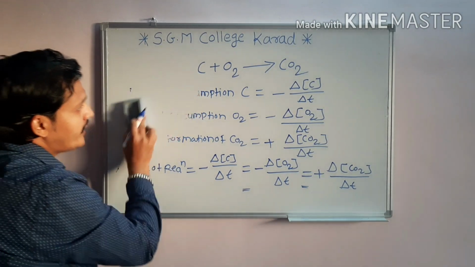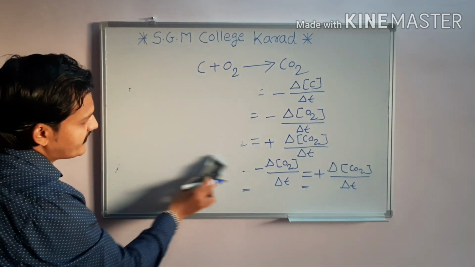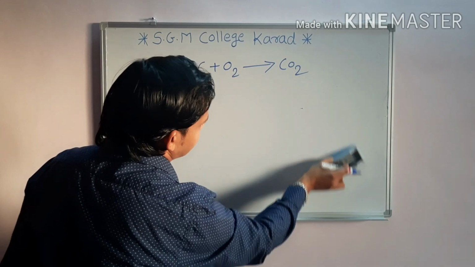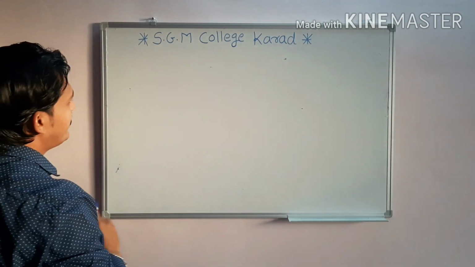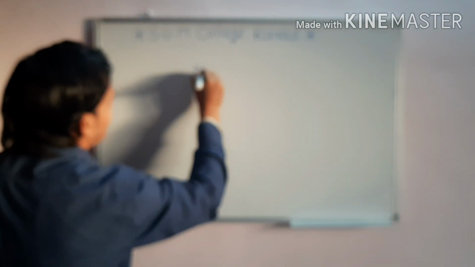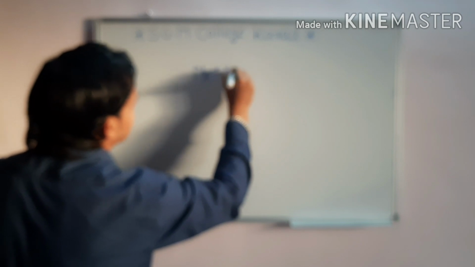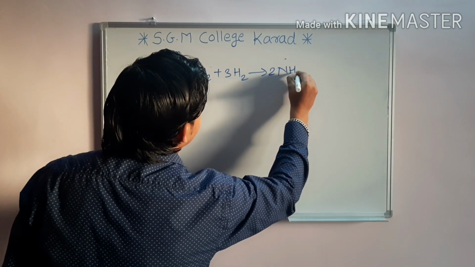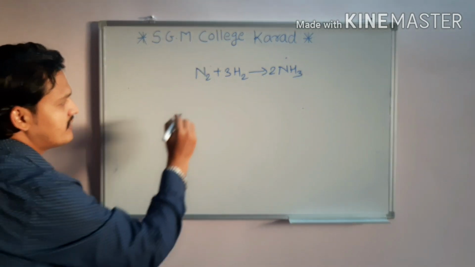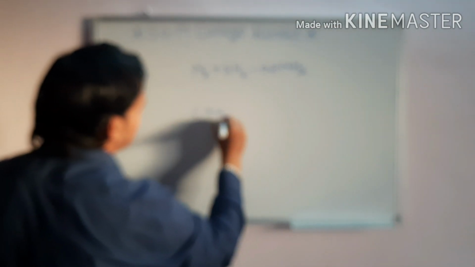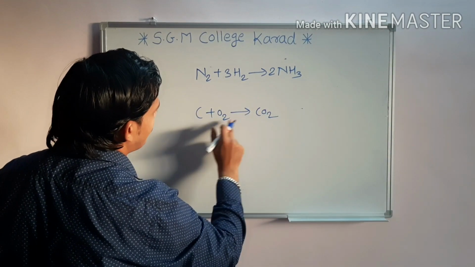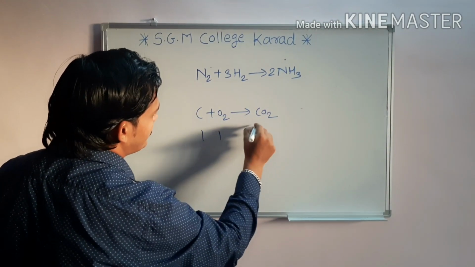This is how to express or how to write rate of chemical reaction. What happens if the reaction has more stoichiometric coefficients? In the previous example, we studied only carbon and CO2, where the stoichiometric coefficients of all reactants and products are 1, 1, 1.